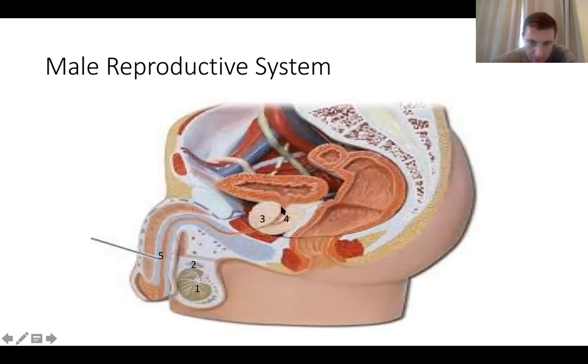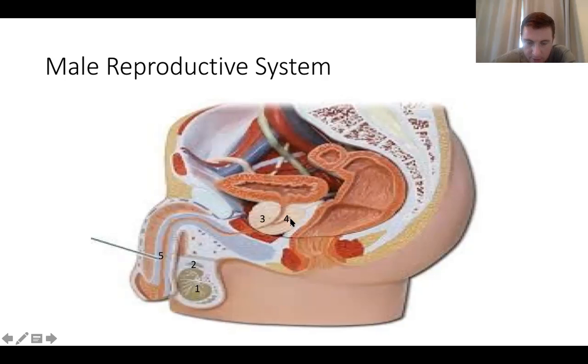But then you also have this little duct here branching out, but that's part of the vas deferens. So it's your testes, your epididymis, and then it goes into your vas deferens, which then goes inside your prostate.